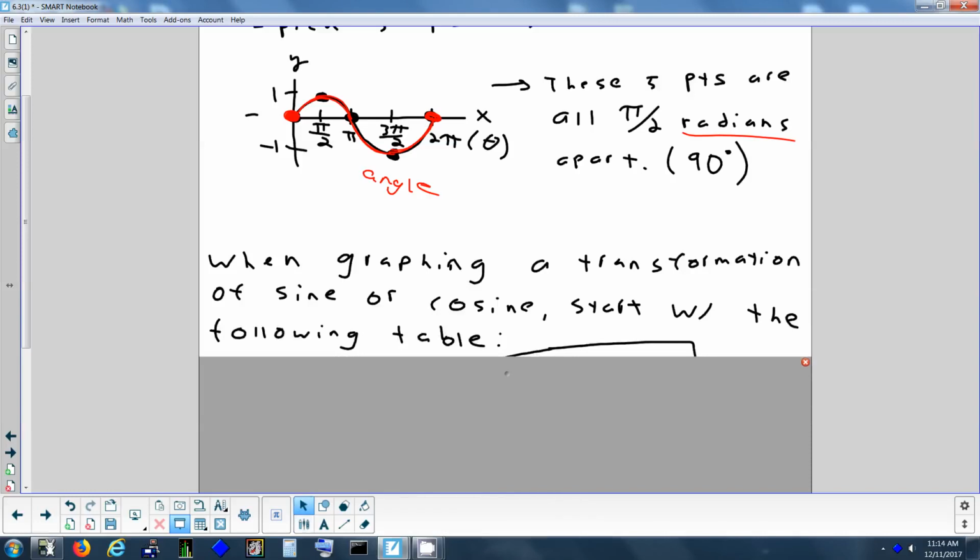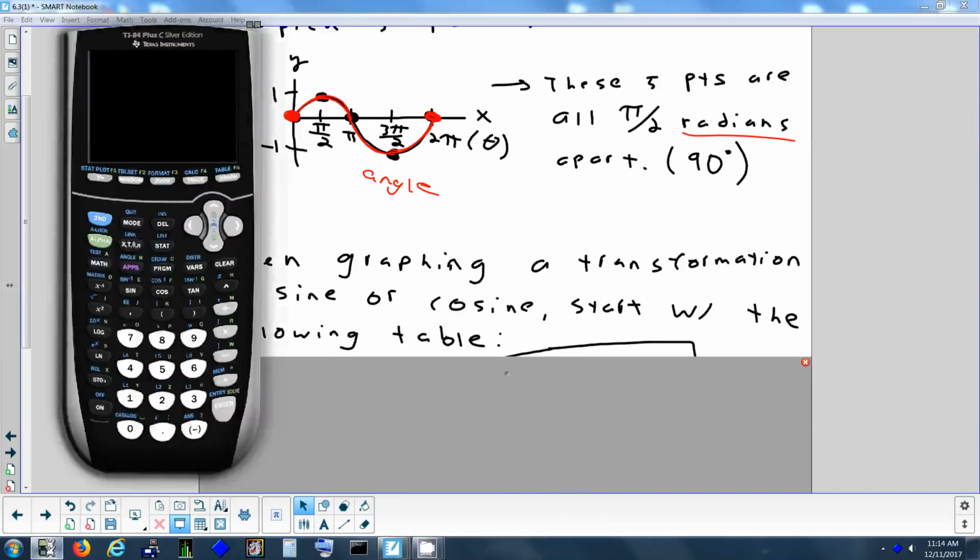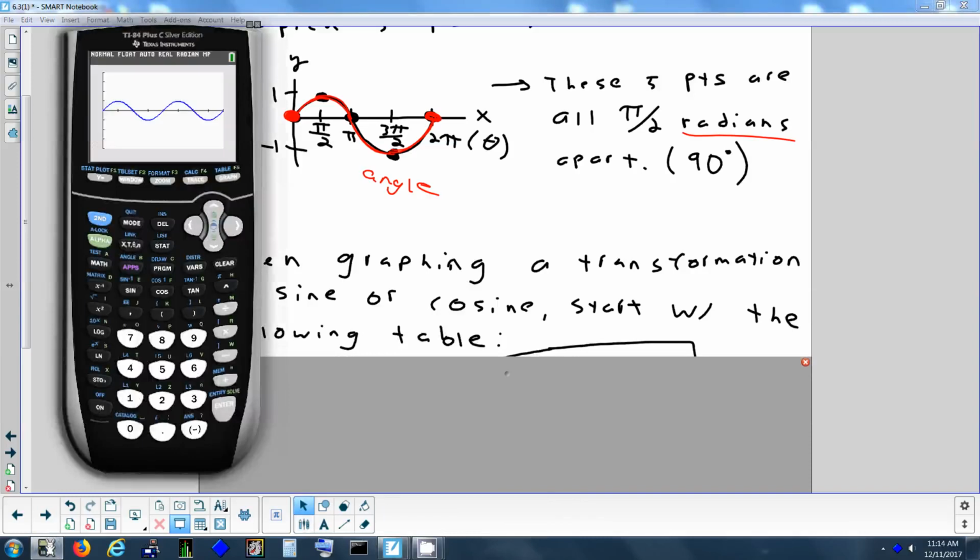And if you ever forget the table that I'm about to show you, you could always figure it out by going to your table and typing in those 5 x values. 0, 0, so the first point is right at the origin. Pi divided by 2. What does it look like the y value is?